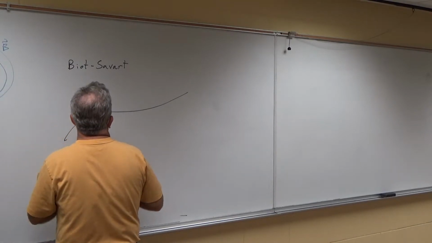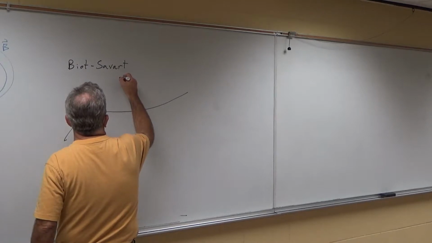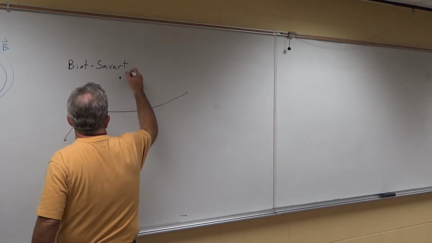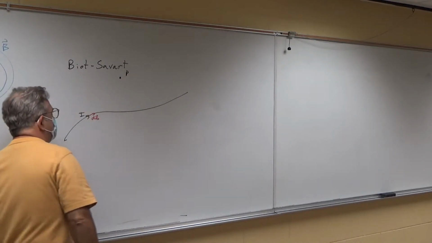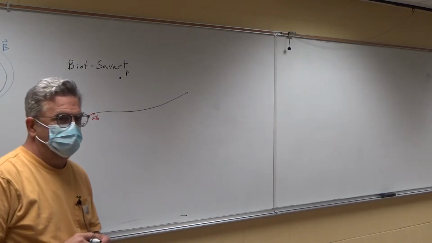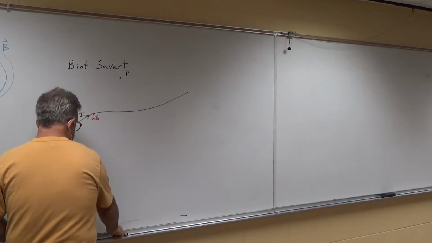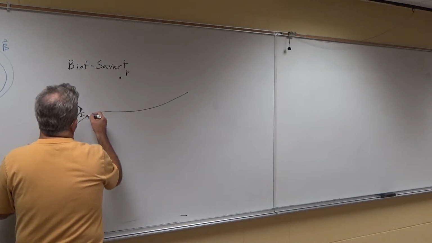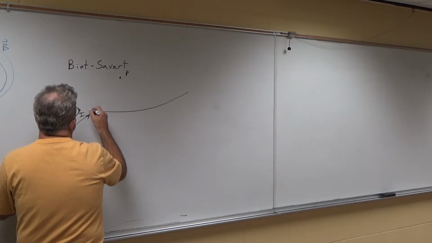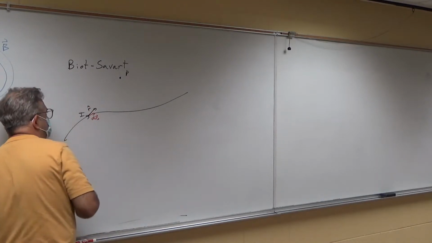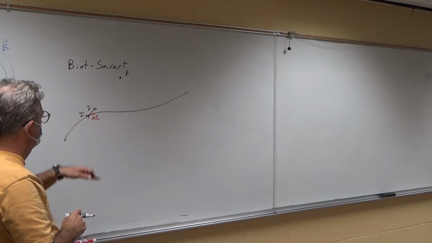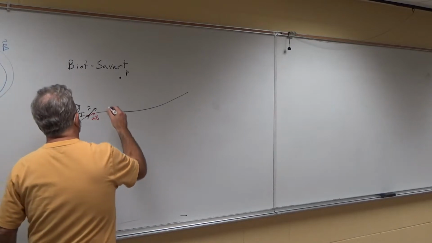And if I'm up here at some point P, this is the point of interest. I want to calculate the magnetic field at that point. Then I make a position vector r hat that points at the point.